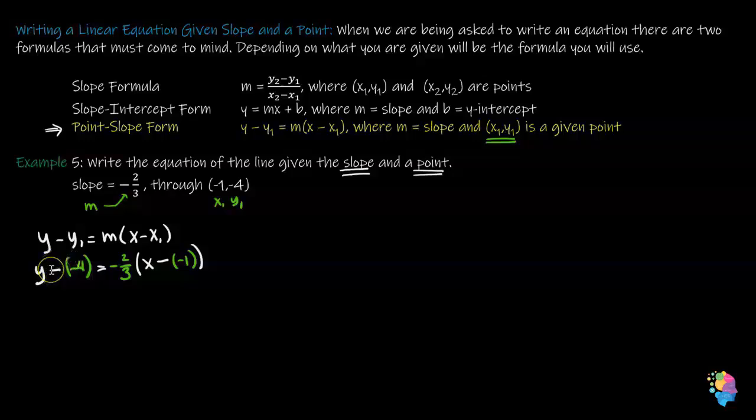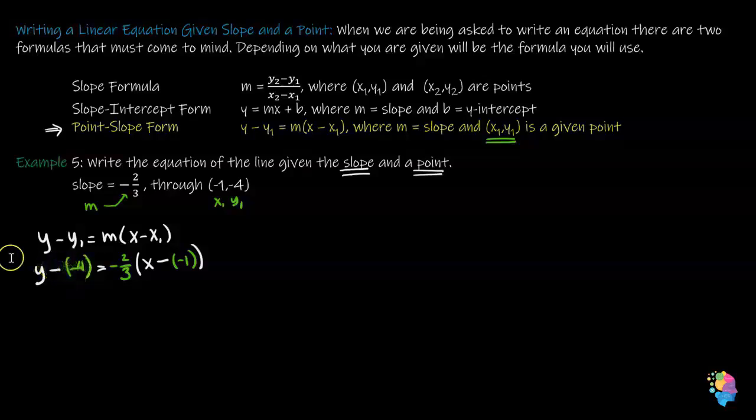There's a minus from the formula, and then there is a negative from the number. So this is why I always place parentheses when I replace x1, y1, so that I can see that these are two different things. This is a minus from the formula again, and this is a negative from the number.